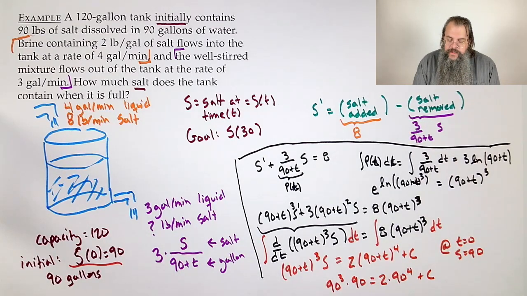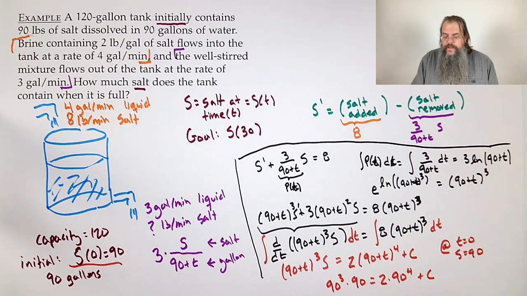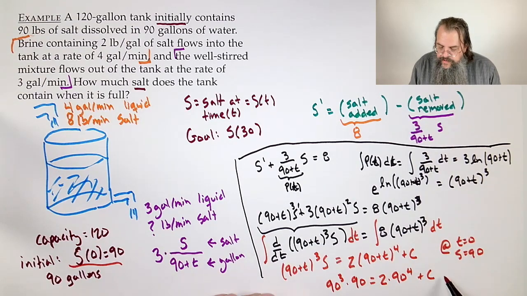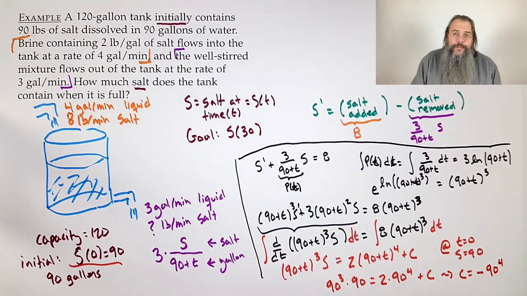Well, now if you look, what do you notice? Well, you see it's actually 90 to the 4th here and 90 to the 4th there. And you say, okay, so that tells us that c is minus 90 to the 4th power. A big number, but that's all right. It sometimes works out that way.